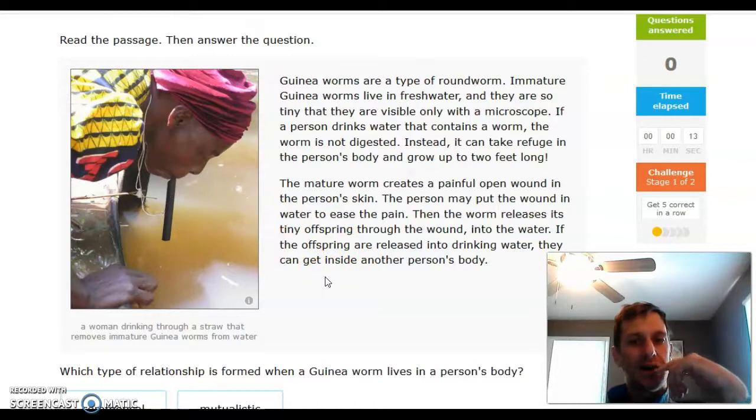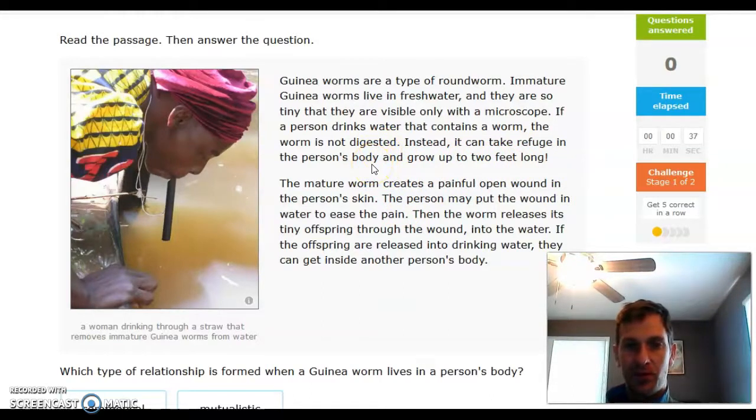Guinea worms are a type of round worm. Immature guinea worms live in freshwater, and they're so tiny that they are visible only with a microscope. If a person drinks water that contains a worm, the worm is not digested. Instead, it can take refuge in that person's body and grow up to 2 feet long. Nasty. The mature worm creates a painful open wound in the person's skin.